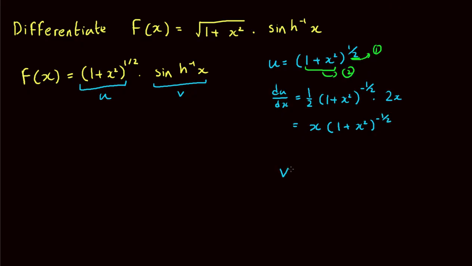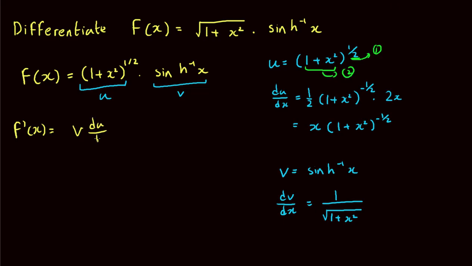And then for v, it's sine hyperbolic inverse, and dv over dx is 1 over the square root of 1 plus x squared. As we know, for the product rule, f'(x) equals v du over dx plus u dv over dx.